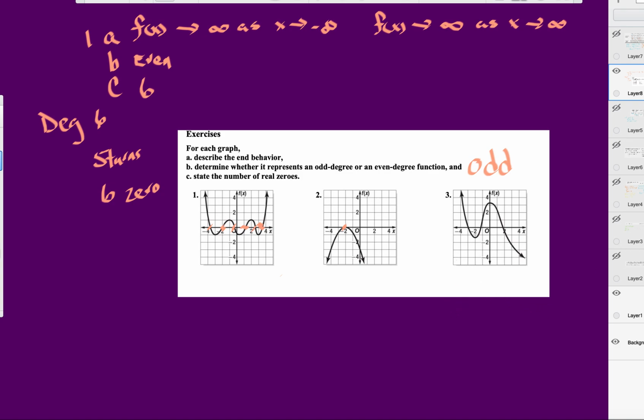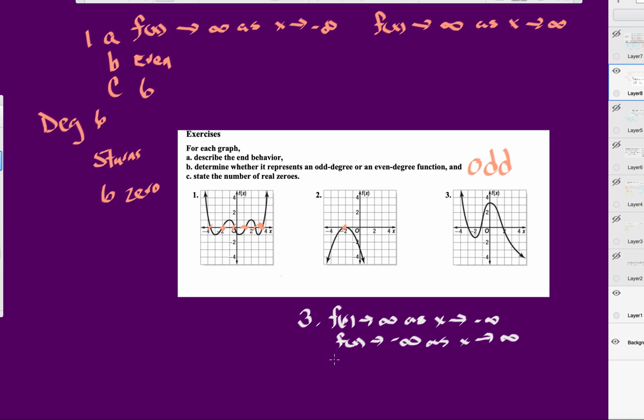So we would write this one as, for number 3, we would say f of x approaches positive infinity as x approaches negative infinity, and then f of x approaches negative infinity, it goes on downward as x approaches infinity. So this just shows that they go in opposite directions.